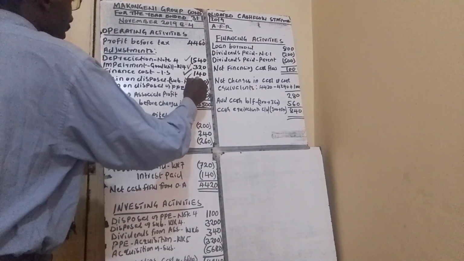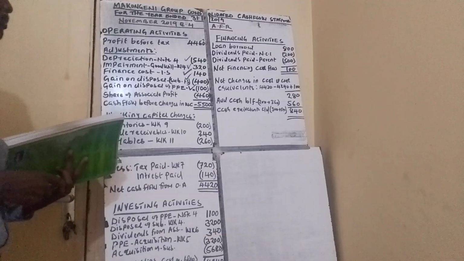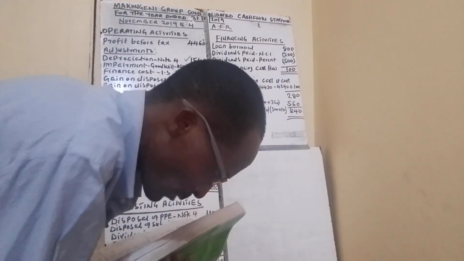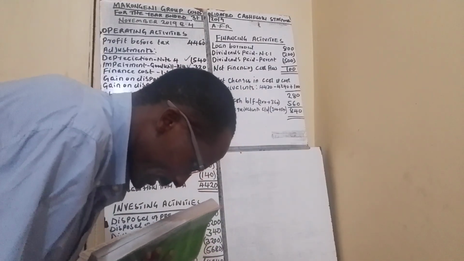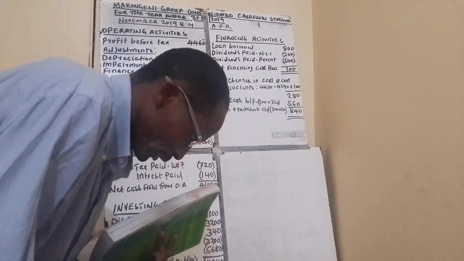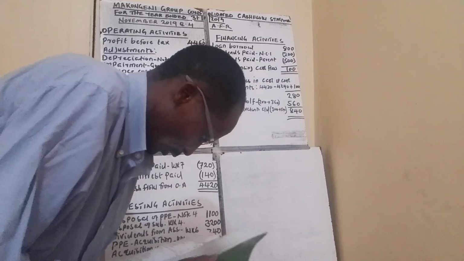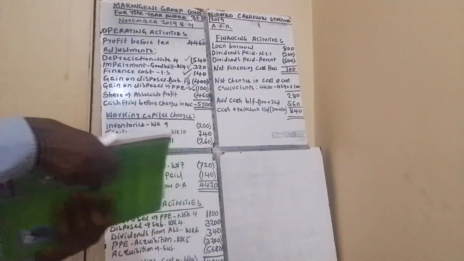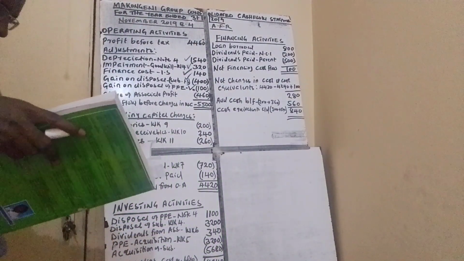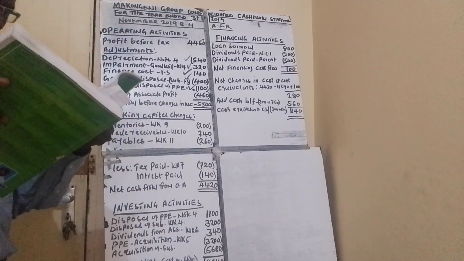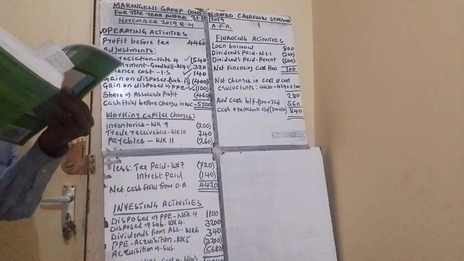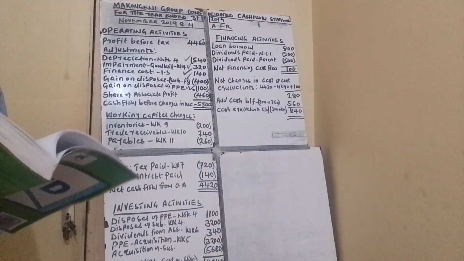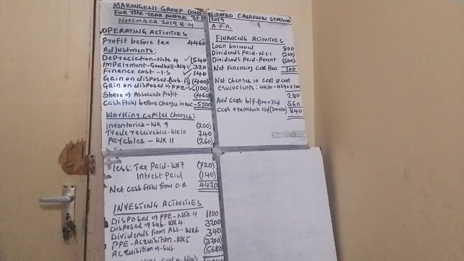Next is gain on disposal of PPE. Now, when we dispose the PPE, again look at note number 4. You have been told that note number 4 is helping us to know whether we made a profit or a loss when we disposed that PPE.